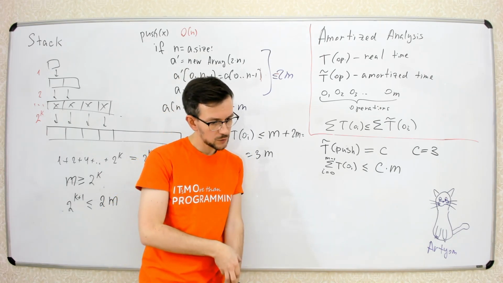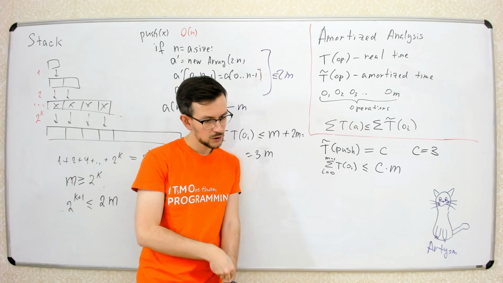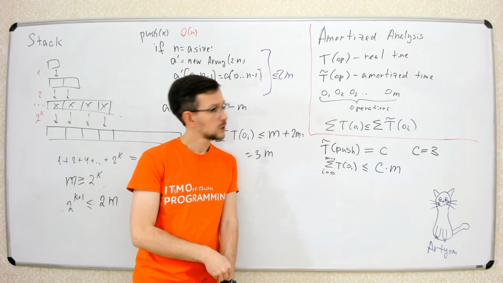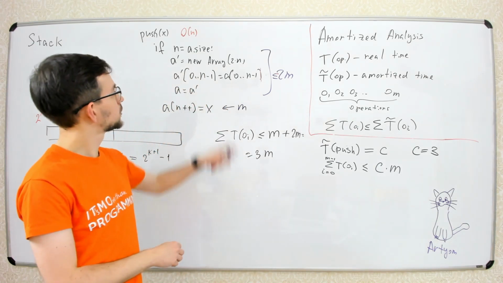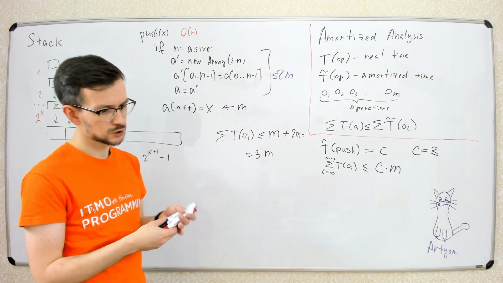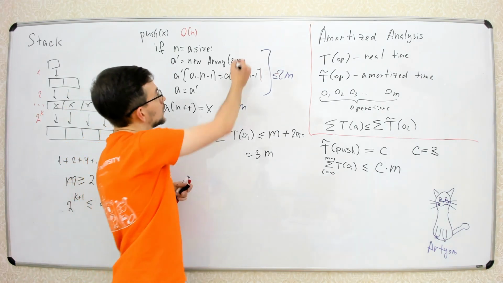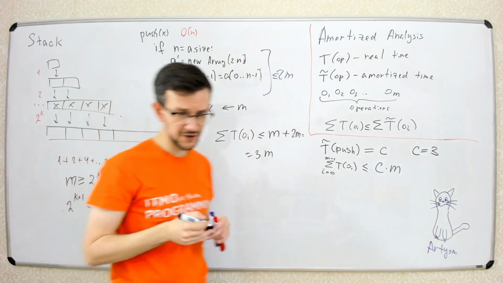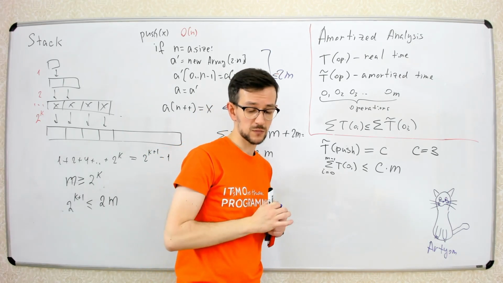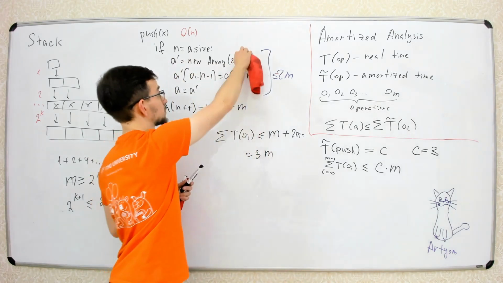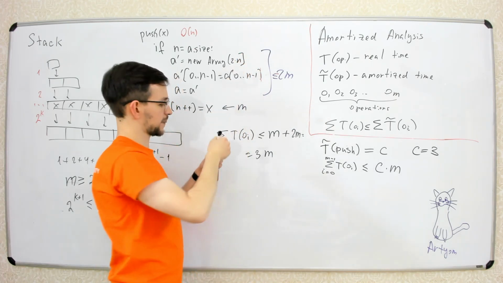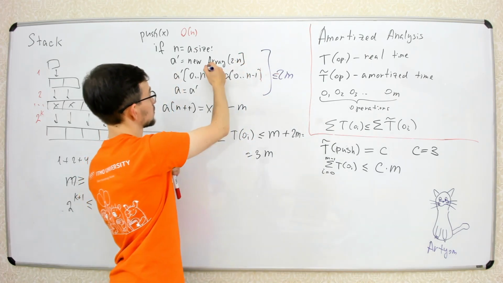This paging makes it more unpredictable. What is paging? You mean that we cannot just allocate this array, or what? No, here I assume that I can allocate an array of any size in constant time. In practice, it's not exactly true, but I just assume that I can make this operation in constant time.